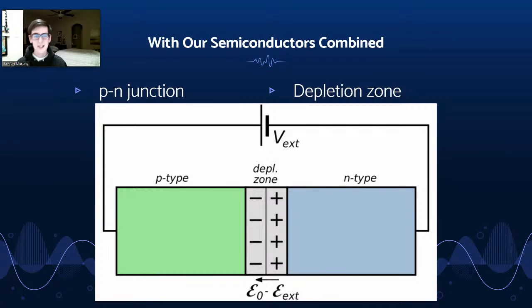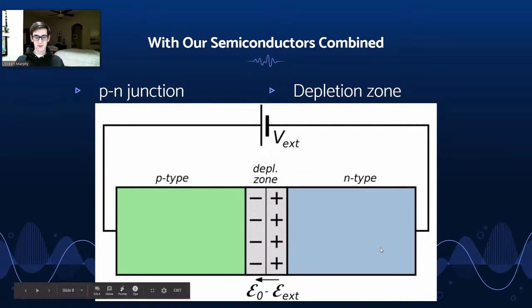But anyway, in the p-n junction we have here, we have the n-type semiconductor on the right, p-type on the left. In the middle, we have this depletion zone, which is a little weird, but let's start from the beginning. We take the n-type and the p-type and put them together.